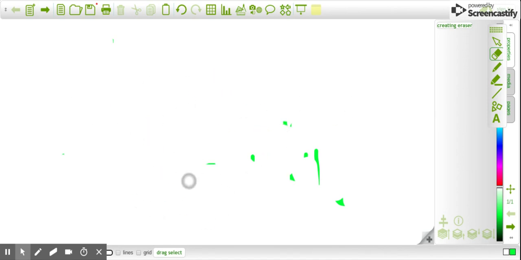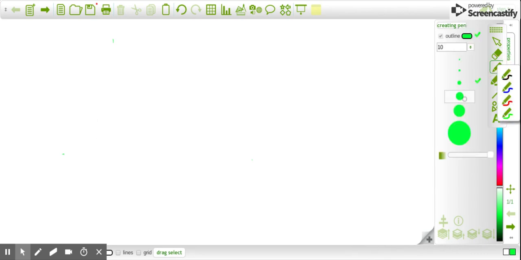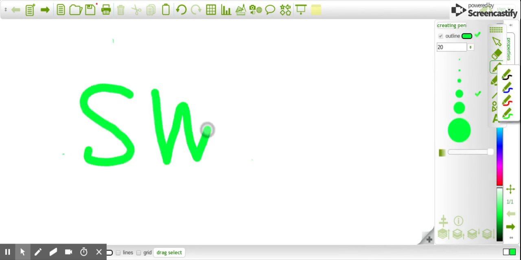When you write the SW blend in sand, I want you to say SW. SW says SW, and make sure you underline left to right when you do that. When you write the TW, I want you to say TW.